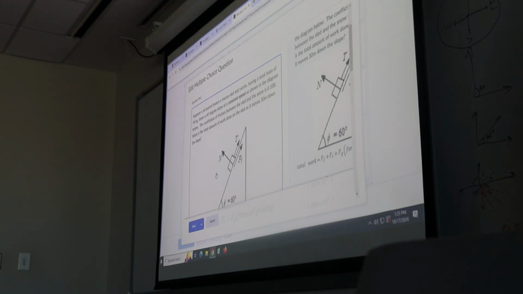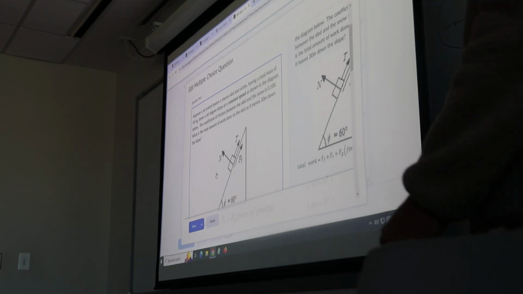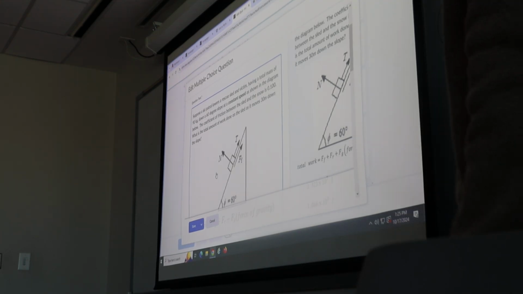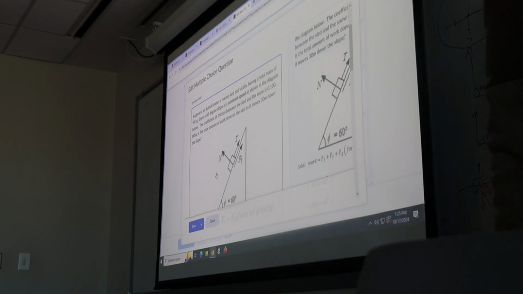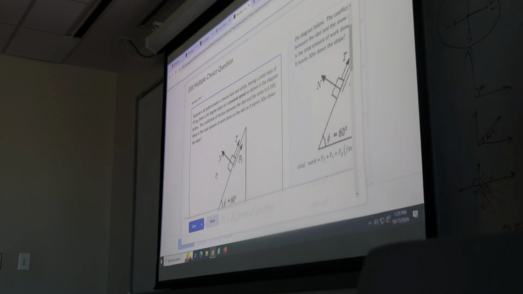All right, so we have to break down each one of these forces. If we start with the total amount of work of friction, I'm going to use a different color here. So my work of friction is going to equal the force of friction.